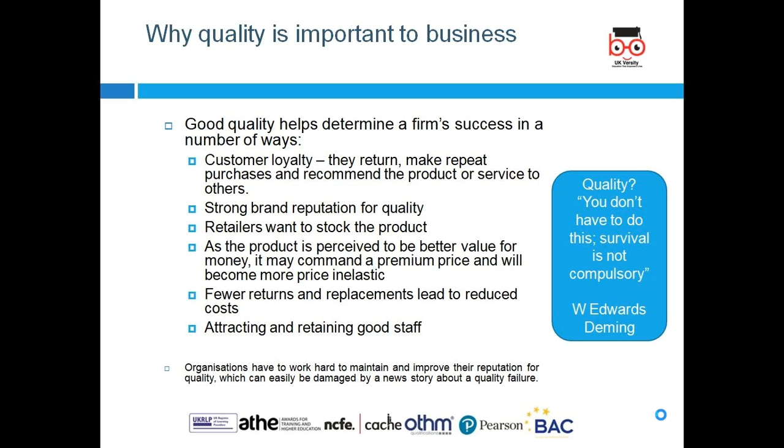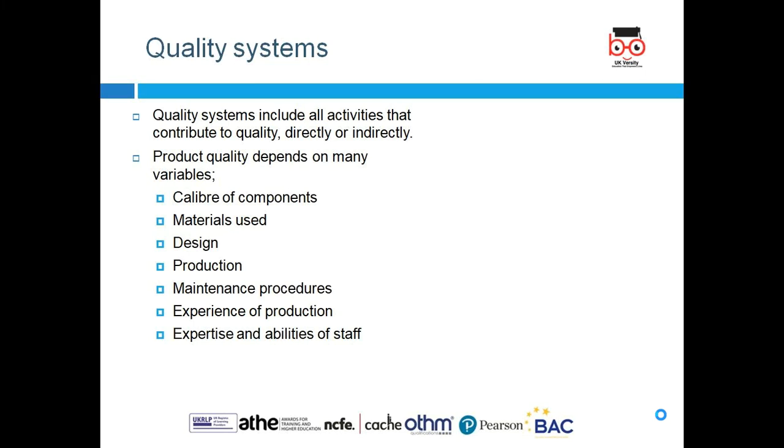Good quality helps determine the firm's success in a number of ways: customer loyalty, strong brand reputation, retailers wanting to stock the product, perceived better value for money, fewer returns and replacements, and attracting and retaining staff if we have quality.